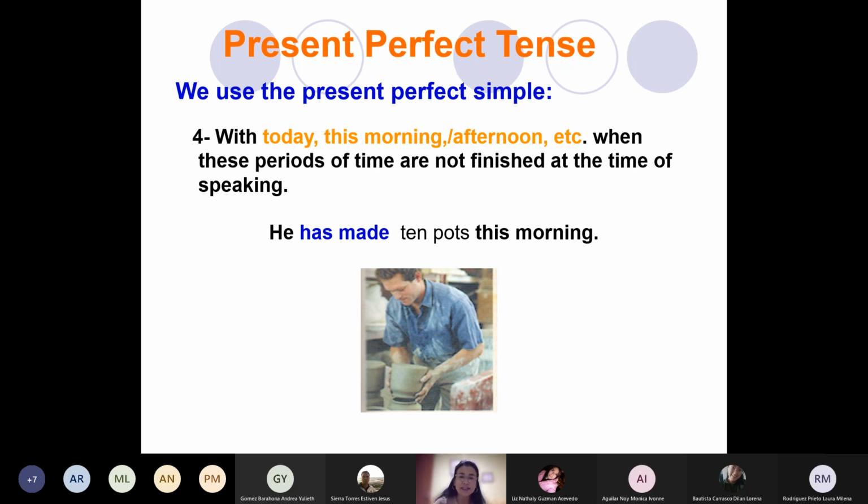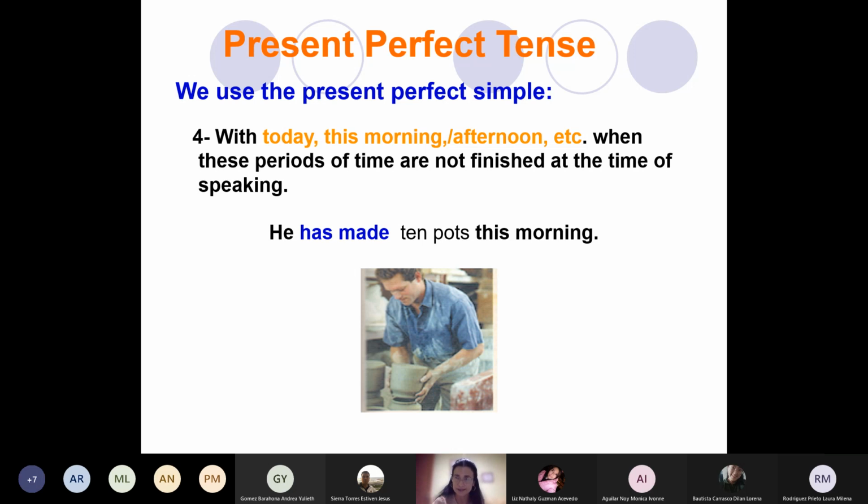For example, he has made 10 pops this morning. Entonces, estas expresiones, this morning, this afternoon, yet, since, for, es las que nos están ayudando a expresar la acción que no es pasado, sino continúa en el presente.